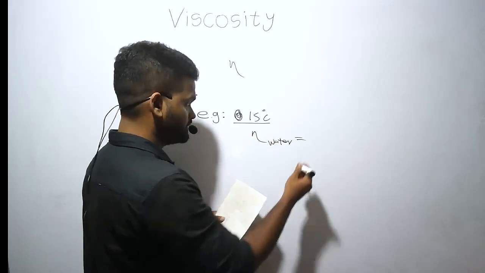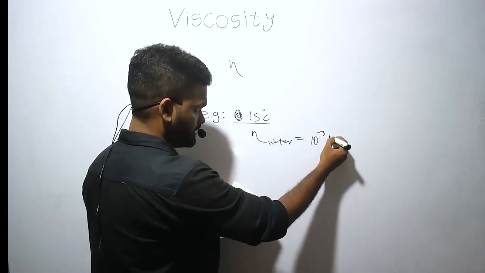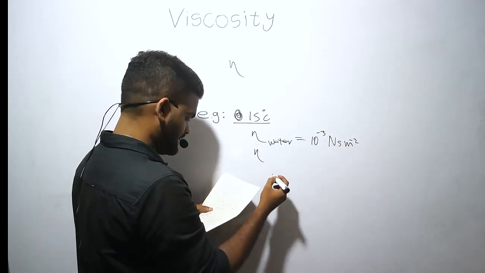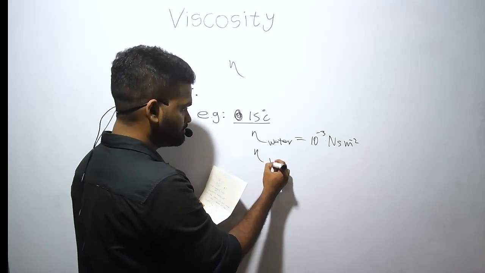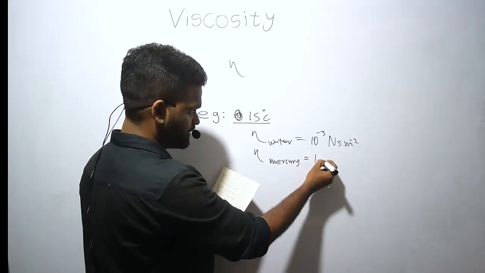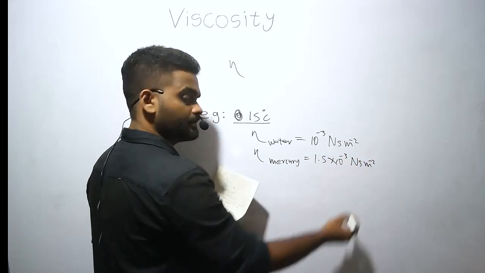Eta water, 10 to the power minus 3 Ns per square meter. Then eta mercury, 1.5 times 10 to the power minus 3 Ns per square meter.